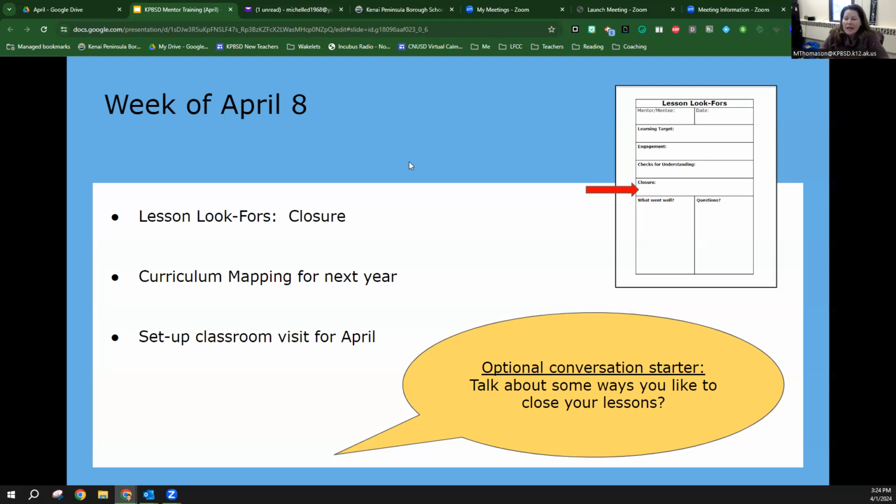And last but not least, it's a good idea to set up that April visit. It's good to get a date on the calendar, set yourself up for success so you're not scrambling at the last minute to get that April classroom visit in.